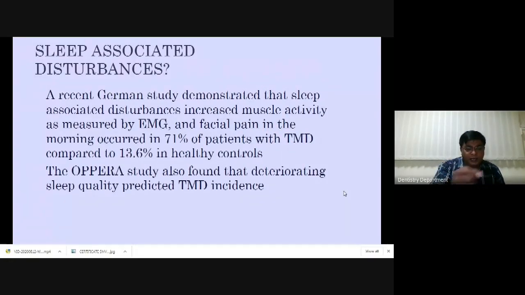The OPPERA study, the genetic study, also said that if your patient has some kind of sleep disturbance, it may cause TMD. So in your history, you have to ask whether the patient is having a sleep disturbance or not. If they have sleep disturbance, you have to treat them pharmacologically for sleep, or find out the cause for sleep disturbances.